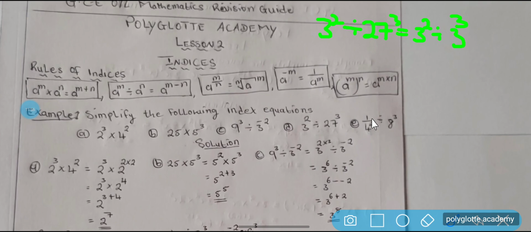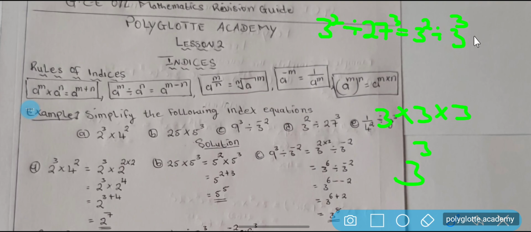Because if you say 3 times 3 times 3, 3 times 3 is 9, and 9 times 3 is 27. So I've used the number 3, and I've used it 3 times.